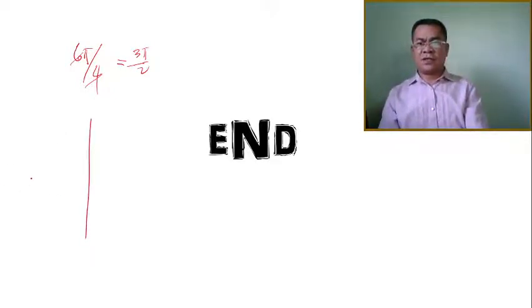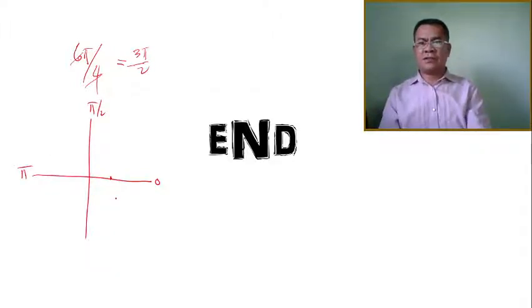To locate 3 pi over 2, take note this is from 0, this is pi over 2, and this is pi. This is 3 pi over 2 because this is pi over 2 or 90, another pi over 2, and another pi over 2.